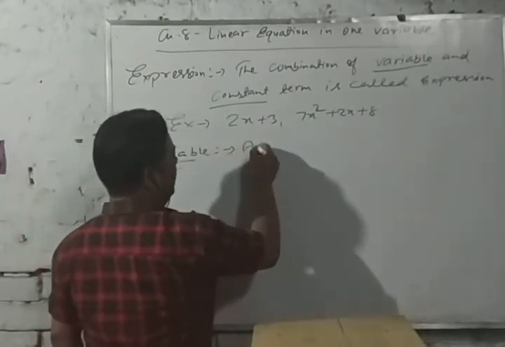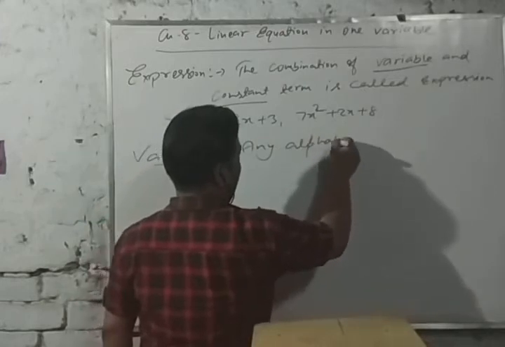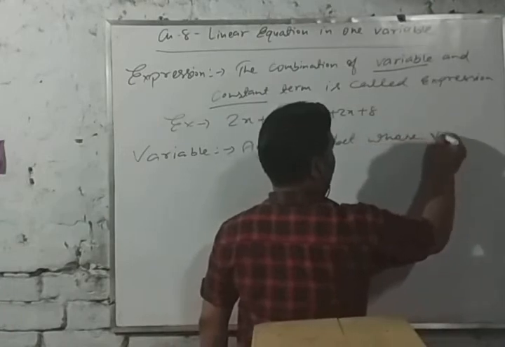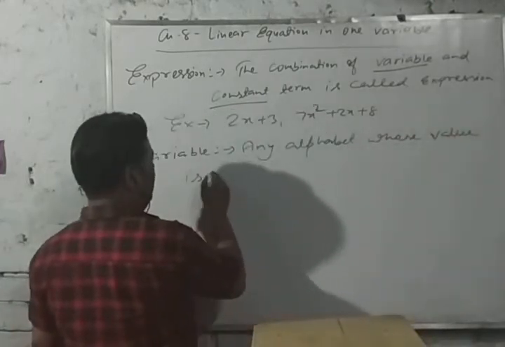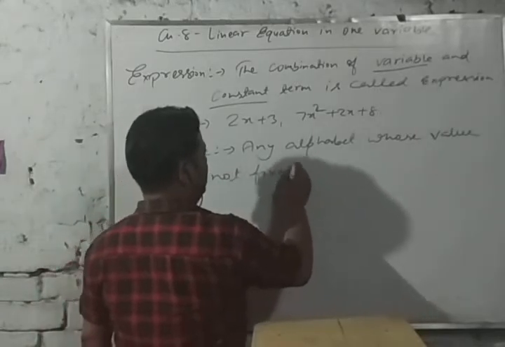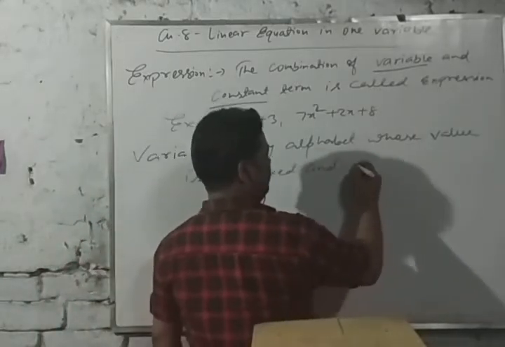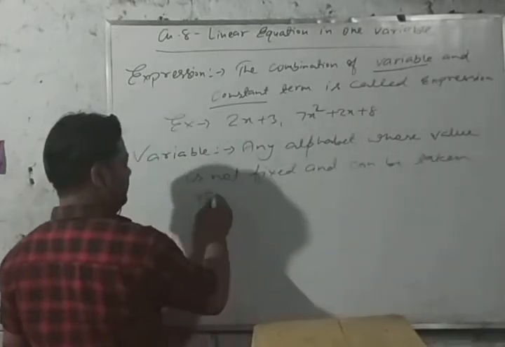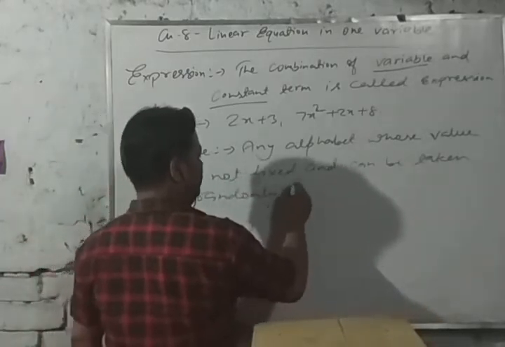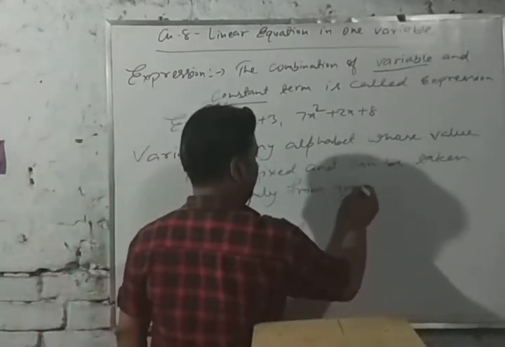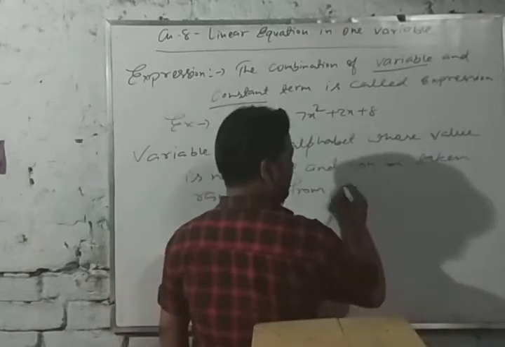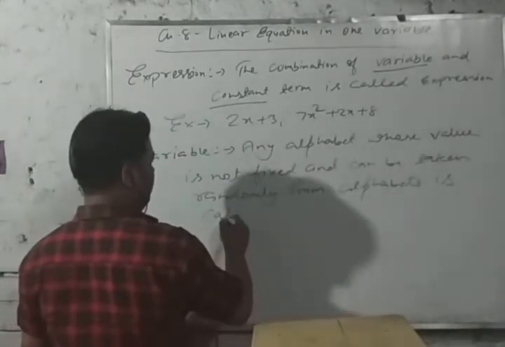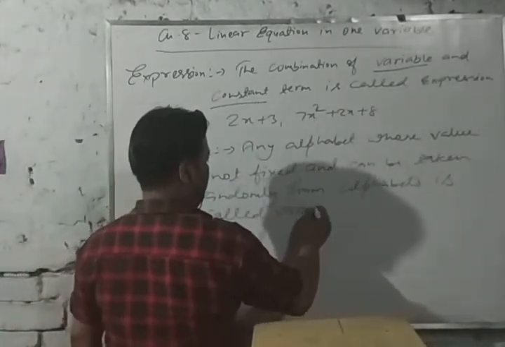Any alphabet whose value is not fixed and can be taken randomly from alphabets is called variable.